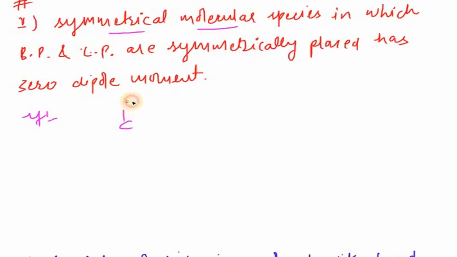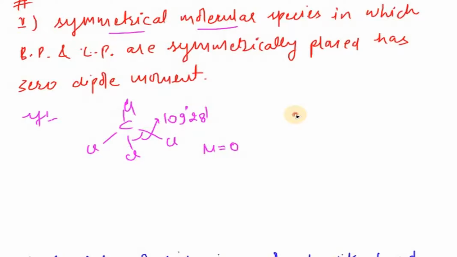We know its structure is a tetrahedron: four chlorines are attached to the central carbon, and all the bond angles are 109 degrees 28 minutes. So the net dipole moment will be 0 because it is symmetric.